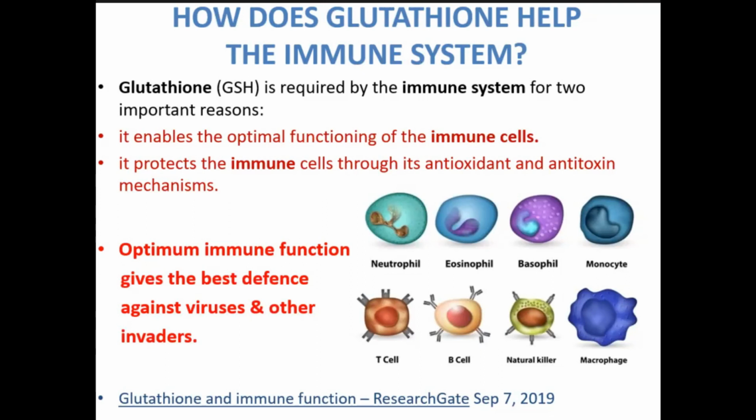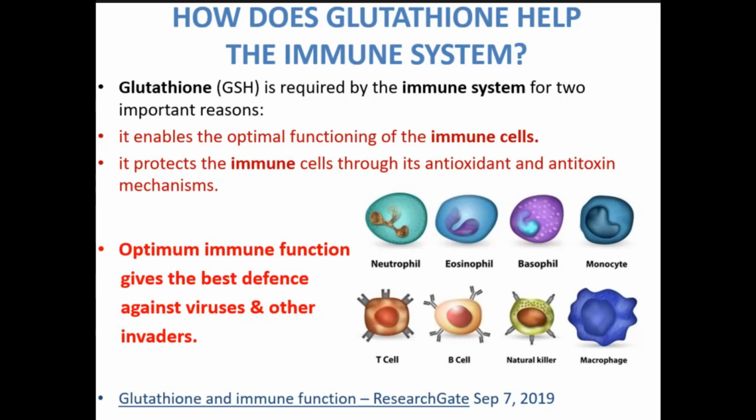It enables the optimal functioning of the immune cells, right? So it empowers the immune cells to work properly. Secondly, it protects these immune cells through its antioxidant and antitoxin mechanisms, okay? So they are separate but beneficial for the immune cells in both ways.